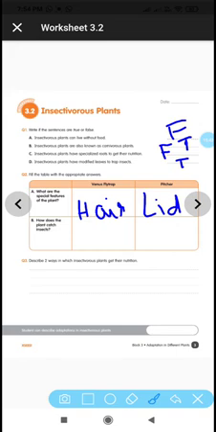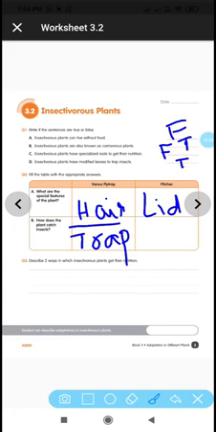And the next one is, how does the plant catch insects? How is the Venus flytrap catching insects? With the help of these hair-like structures. If any insect comes near them, they trap that insect and use it as their food with the help of digestive juices inside them.